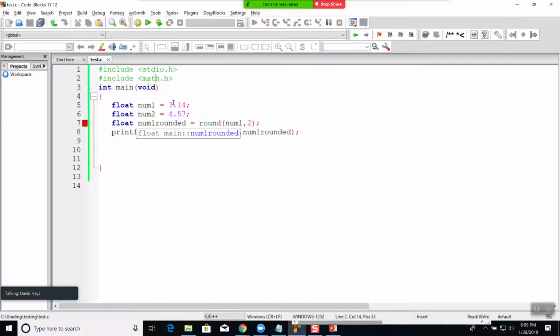Typically what you can do is if you want to round it to 2 decimal places, then you take your original number and multiply it times 100. Num1 would be a float times 100.